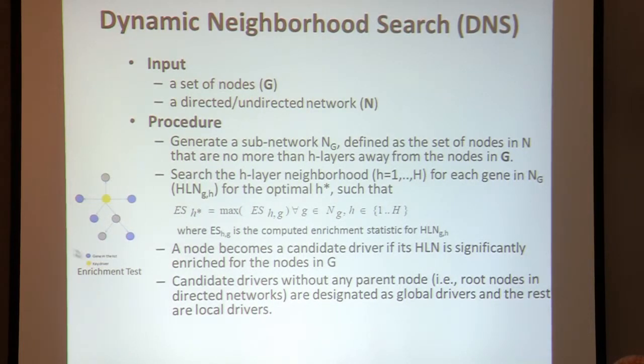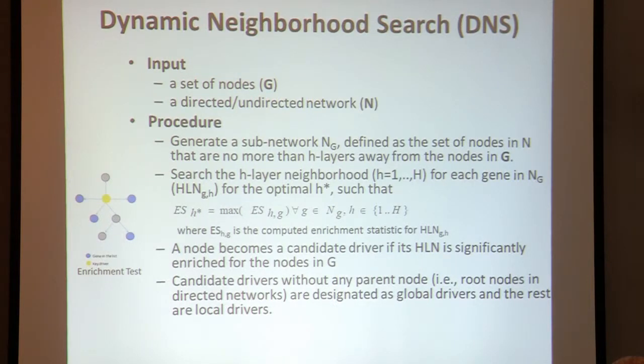And then you search the 2-step neighborhood, so you can see more genes in the 2-step neighborhood. But when you calculate the enrichment, the p-value will probably not be as significant as the first layer neighborhood.